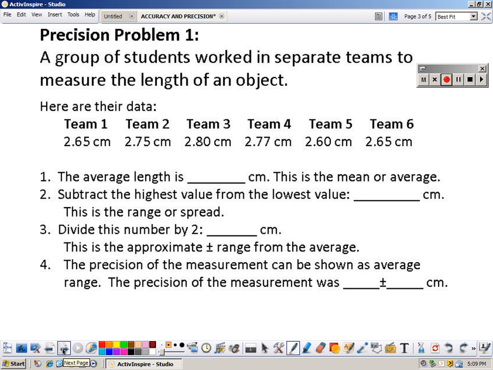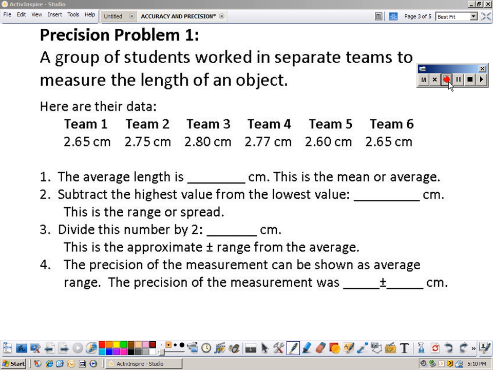Okay, so precision problem number 1. It says a group of students worked in separate teams to measure the length of an object. Here are their data. Team 1, okay, you have 6 teams.